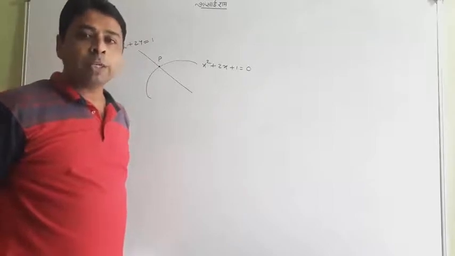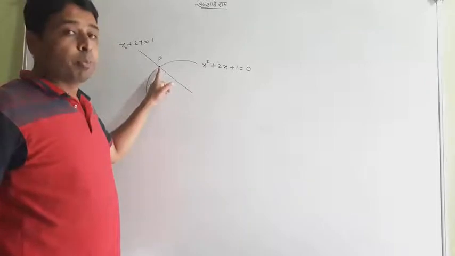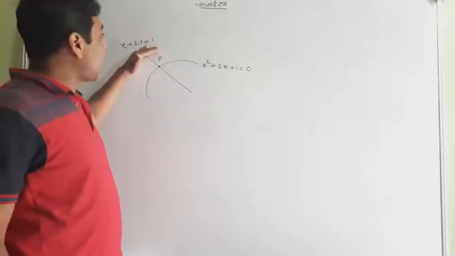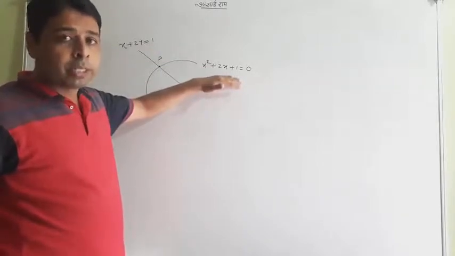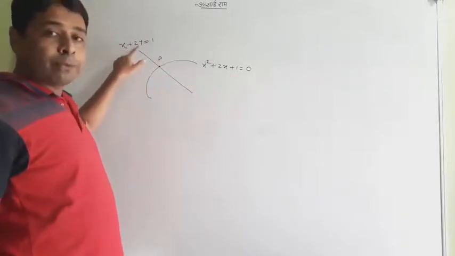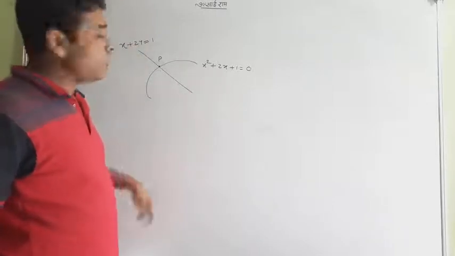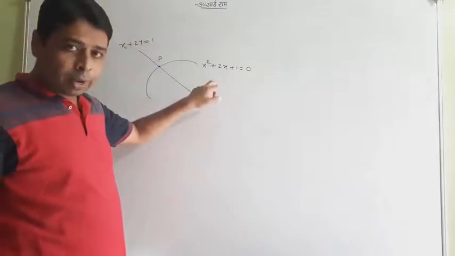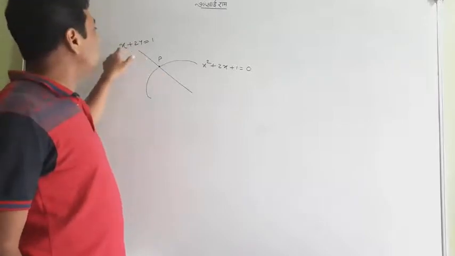So let me tell you one general concept. Whenever you want to find the intersection point of any two curves, you just have to merge them. Meaning you can take the value of x from here and put it here. If you put x equal to 1 minus 2y here, you get the value of y, and by putting y you can get x.